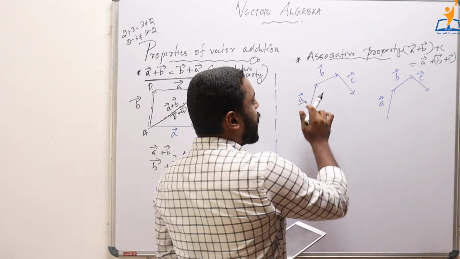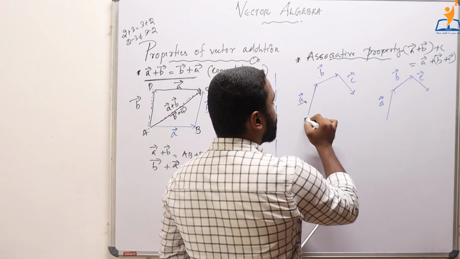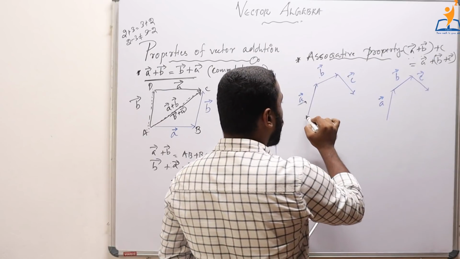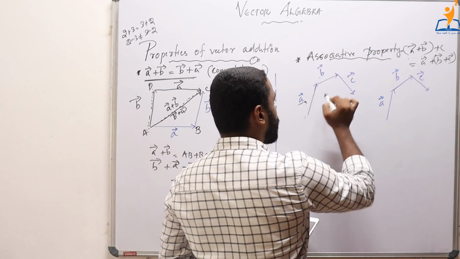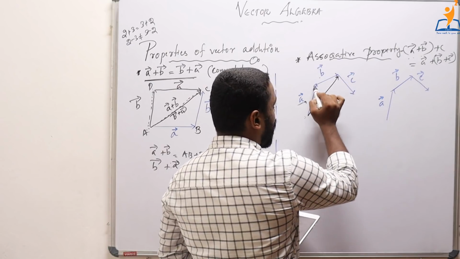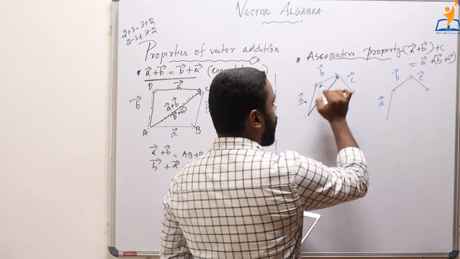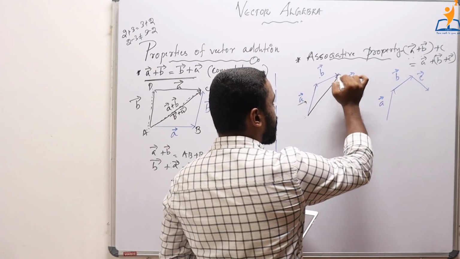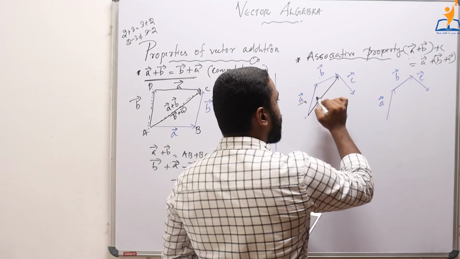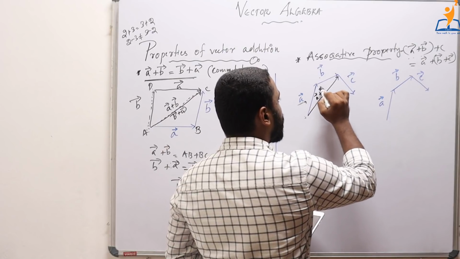Suppose we first find vector A plus B, then C. First of all we have to find vector A plus vector B. By the triangular law of vector addition, vector A and B are to be considered as two sides of the triangle. So the third side is from this point to this point. This is nothing but vector A plus vector B.